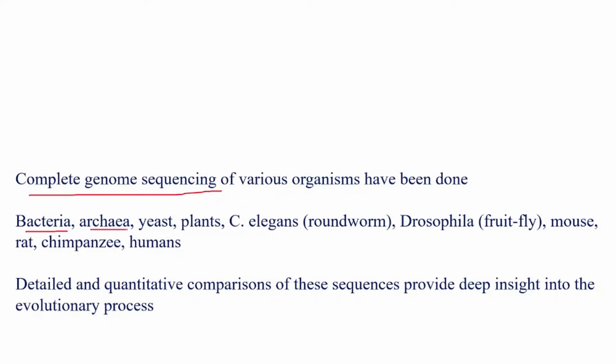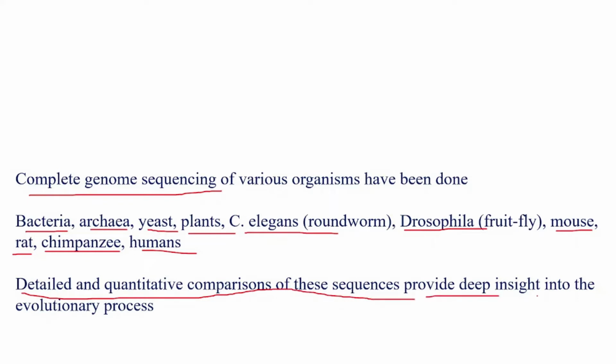Then many archaea, a few yeast species, some plants, a roundworm called C. elegans, then Drosophila, mouse, rat, chimpanzee, and human beings. So we know the complete genome sequencing of all these organisms. A detailed and quantitative comparison of sequences provides deep insight into the evolutionary process.